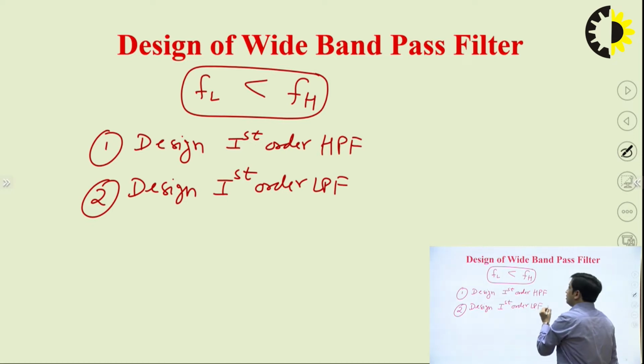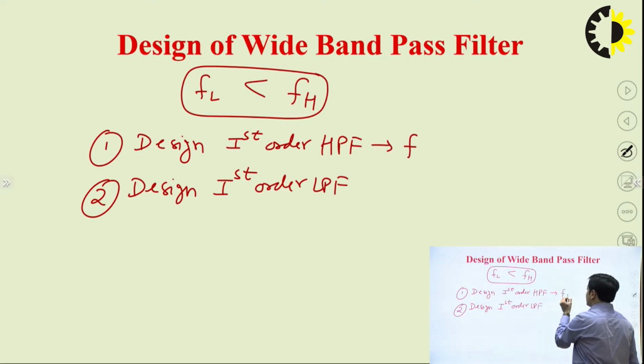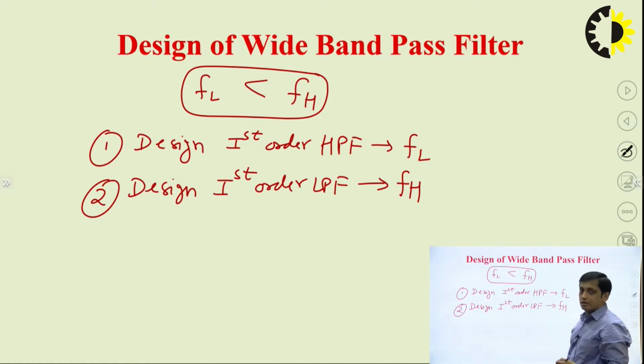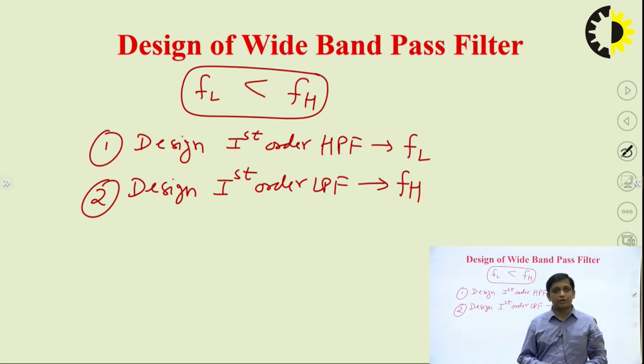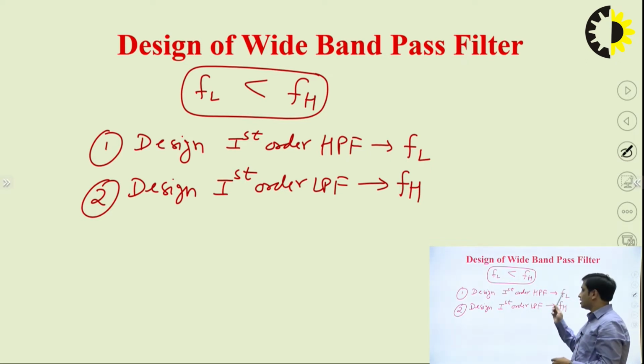For first order high pass filter, the cutoff frequency we are taking is FL, and for first order low pass filter the cutoff frequency is FH. So we need to design a low pass and high pass filter for this FH and FL.